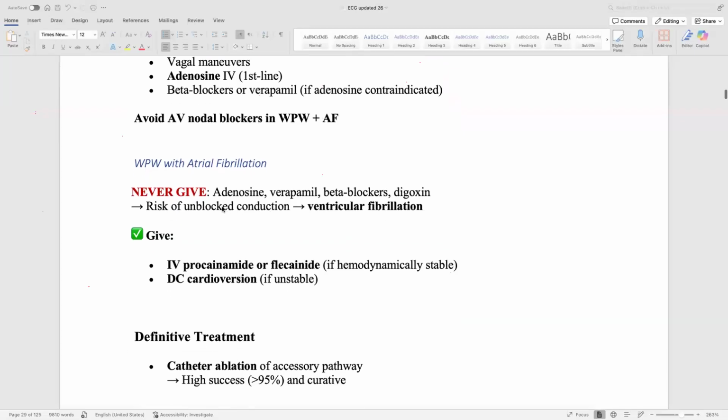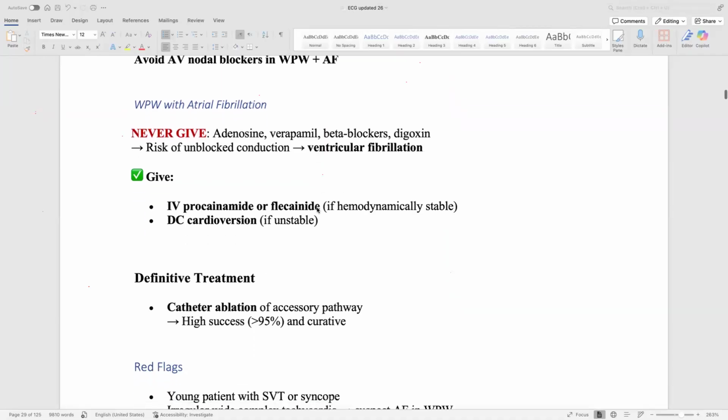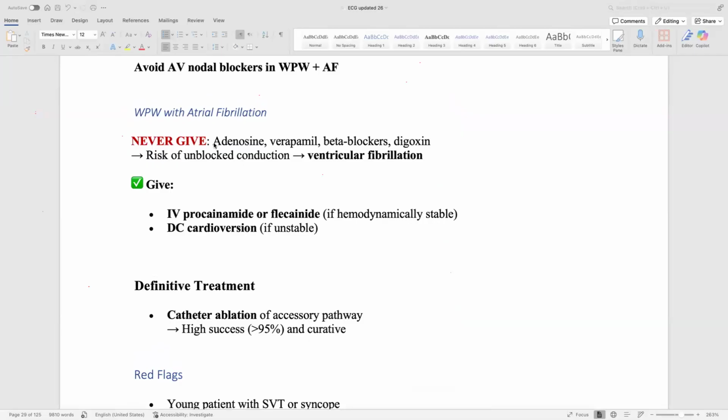If it is with fibrillation, never give these. If there is fibrillation, adenosine, verapamil, beta blocker, digoxin, amiodarone are all contraindicated. What to give? Flecainide or cardioversion, according to stability. Unstable: DC cardioversion, and if it's stable, flecainide.